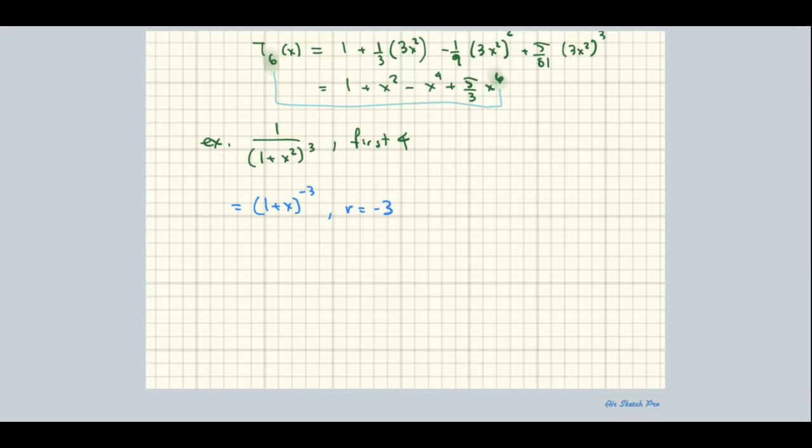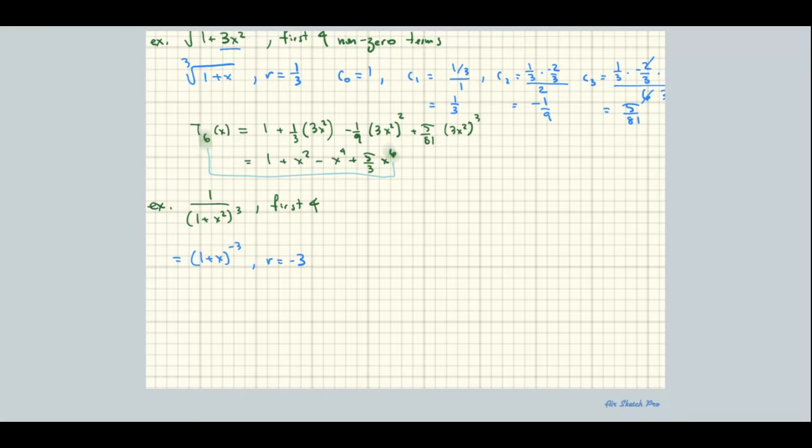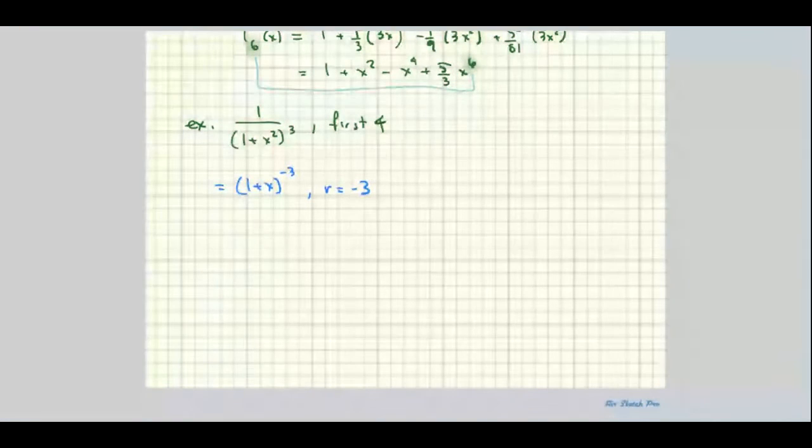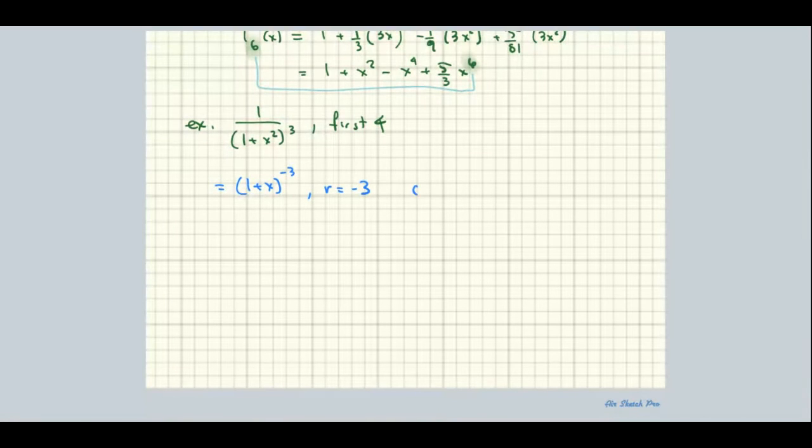And now we're going to go ahead and find the coefficients. Let me lock this thing down so it's not moving around for you. So remember that on the binomials, the nth coefficient is r choose n. And you don't worry about the formula so much as how many factors, right? So let's do this.